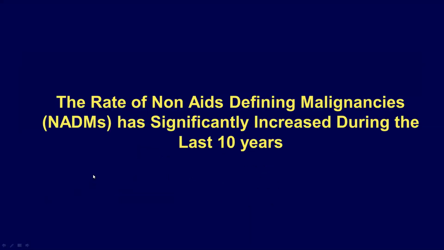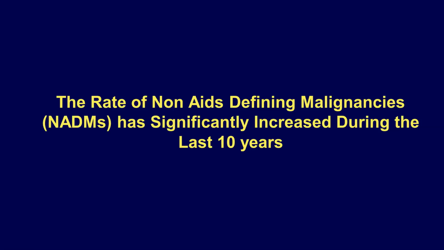There is no question, I would say it's unequivocal, that the rate of non-AIDS defining malignancies has significantly increased during the last 10 years. As I mentioned, it is the second cause of death among people living with HIV in developed countries. That's exactly why, despite the advent of absolutely incredible antiretroviral treatment that extended the life expectancy of our patients significantly, their life expectancy hasn't quite normalized.